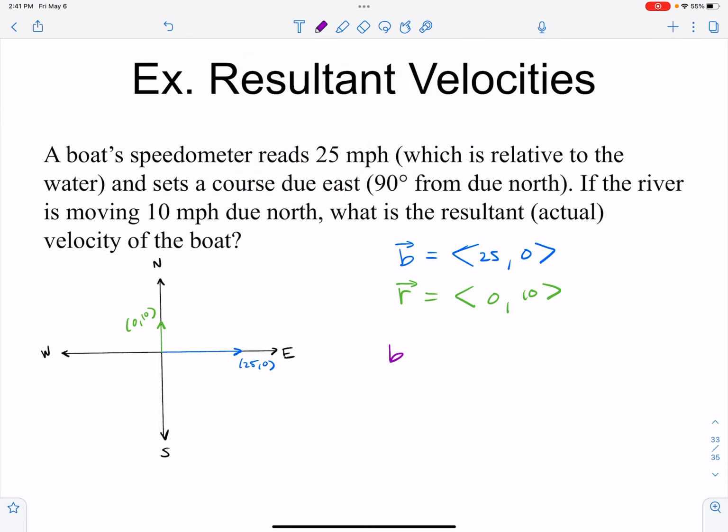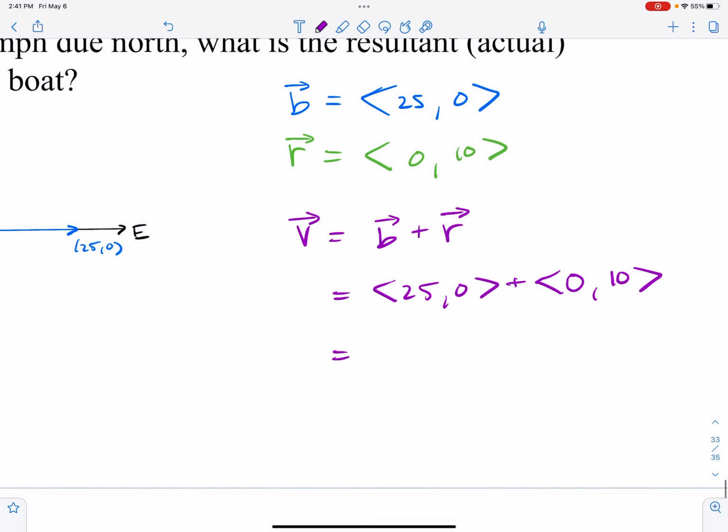So our resultant velocity, which we can call V, would be vector B plus vector R. I'm going to write out all the steps here.